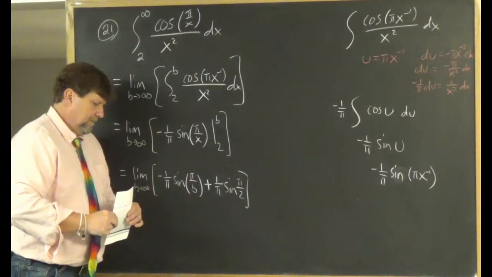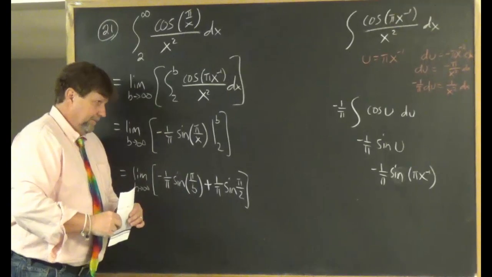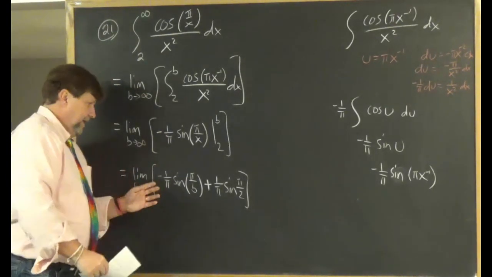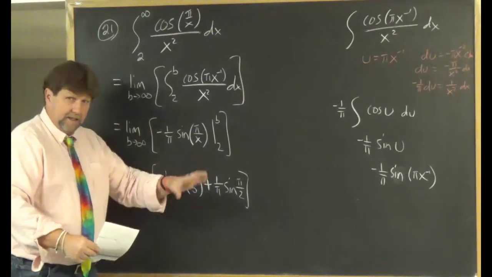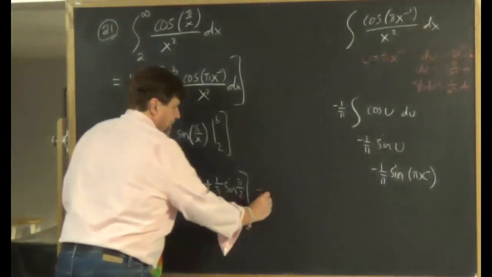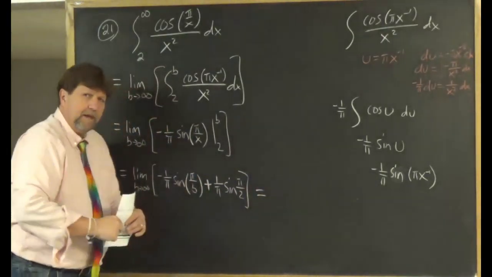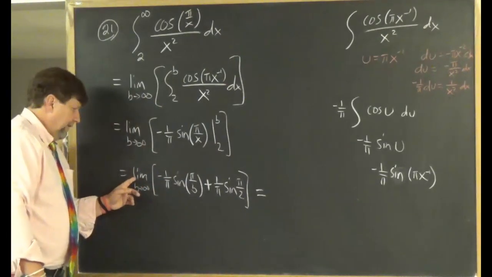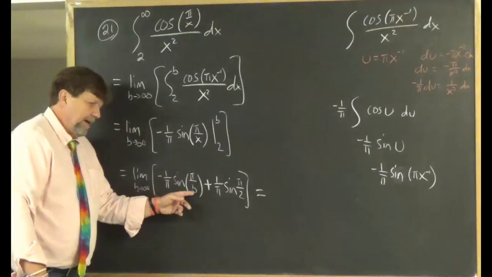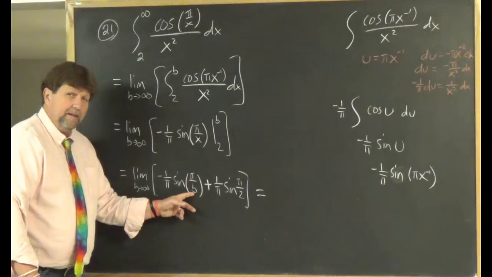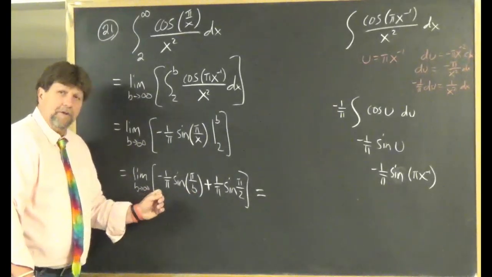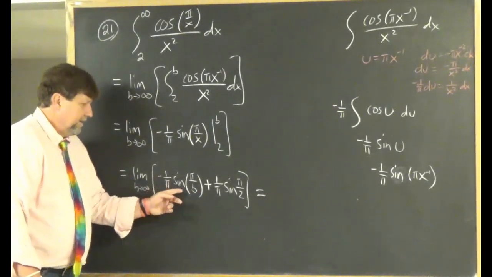Alright, so I'm going to look at these. There's an old property, a law of limits: the limit of a sum can be rewritten as the sum of two limits. I'm just going to do them individually for this one because I think I can. In other words, I think I can determine the limit as b goes to infinity of negative 1 over pi sine pi over b just by talking about it, because as b goes to infinity, pi is a constant.